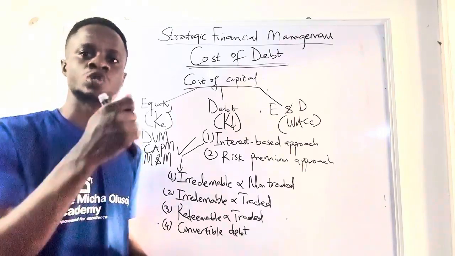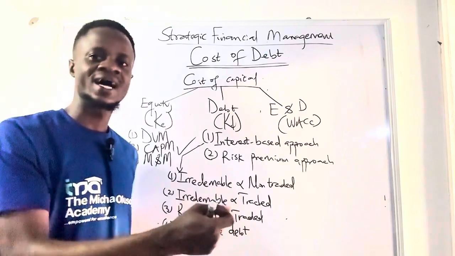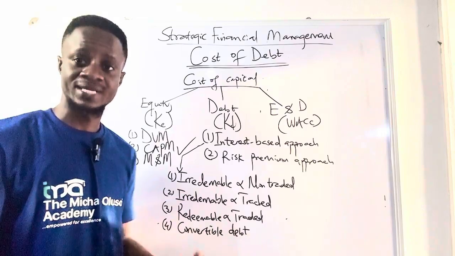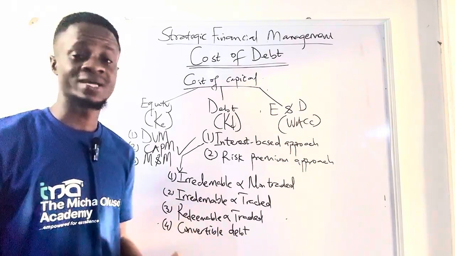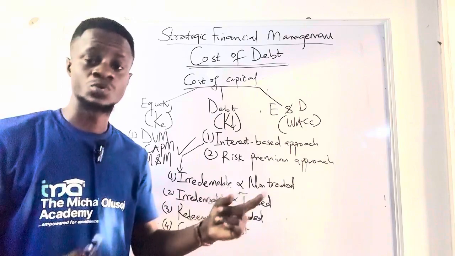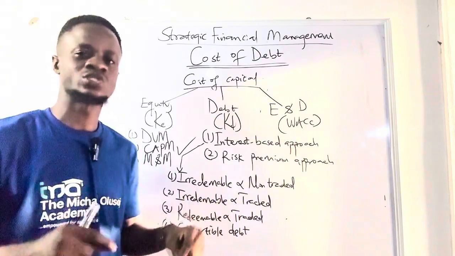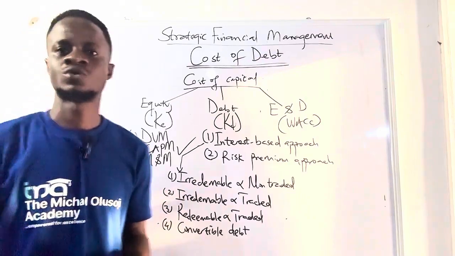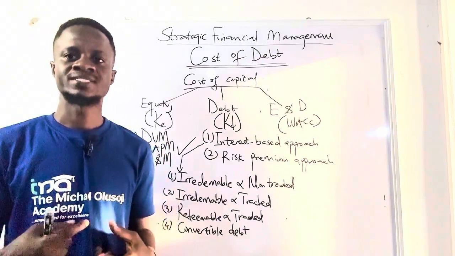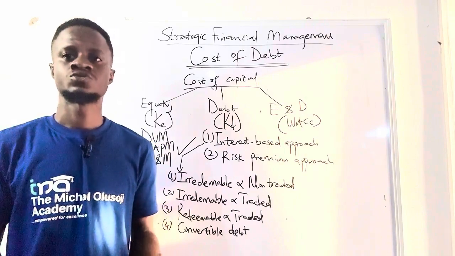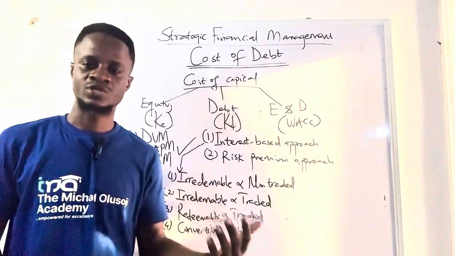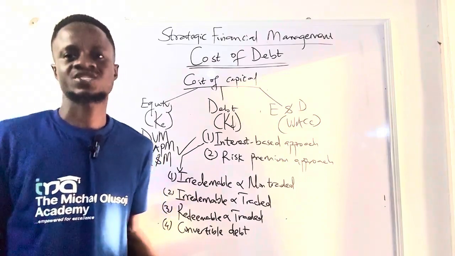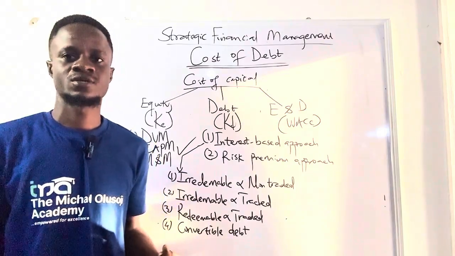The principal amount you invested has a maturity date, and it can be traded, so at least we know the market value. So when you are given a question and you can see the market value, that means it is traded. And convertible debt gives you as an investor or bondholder the option to convert your investment to equity or cash. You collect your money back.